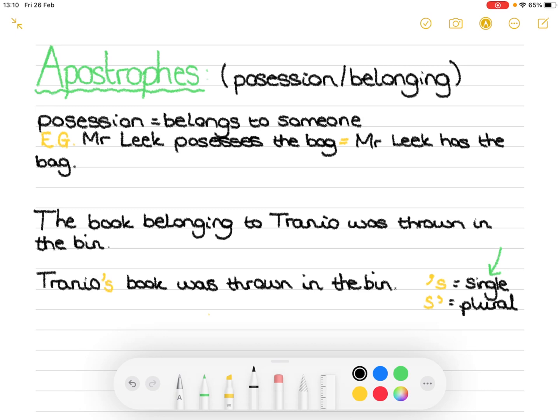Okay, the way we could have a plural, so if I show you a different version, and I'm talking about Mr. Leek has 3 dogs. Okay, so 3 is more than 1, we're talking about plural, and we can refer to their breakfast.